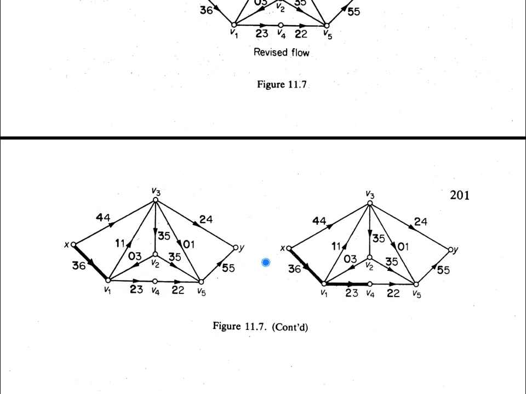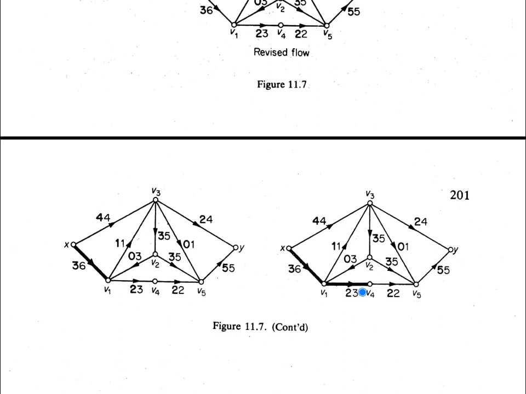Here we are. Now what happens? Saturated, saturated. So our vertices now are X, V1, and V4, and all arcs going out of these vertices are saturated, all arcs coming to these three vertices are at 0.